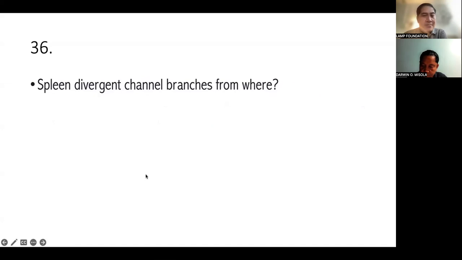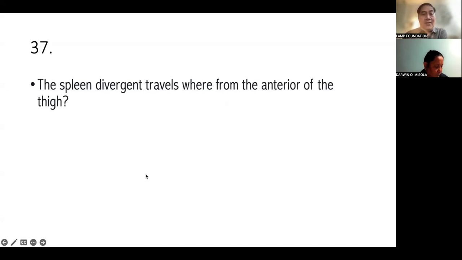Spleen divergent channel branches from where? Near spleen 11. Okay, middle of the anterior thigh. Touch it, it's painful. Middle of the anterior thigh. Okay. Number 37, the spleen divergent travels where?